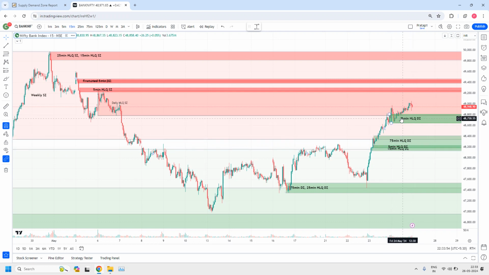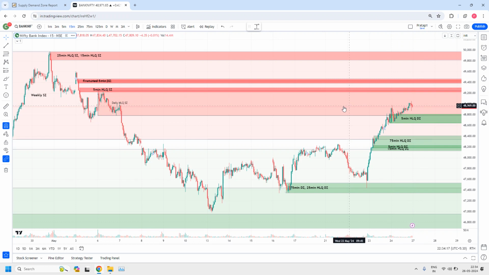So here you have a fine-tuned high liquidity zone. Below you have the 75 minutes high liquidity demand zone, and traps are there. The immediately available 5 minutes high liquidity supply zone, this is the one. If tomorrow with a huge gap up this is violated, that is a different story. But otherwise, here you may get a trade opportunity in this 5 minutes high liquidity supply zone.